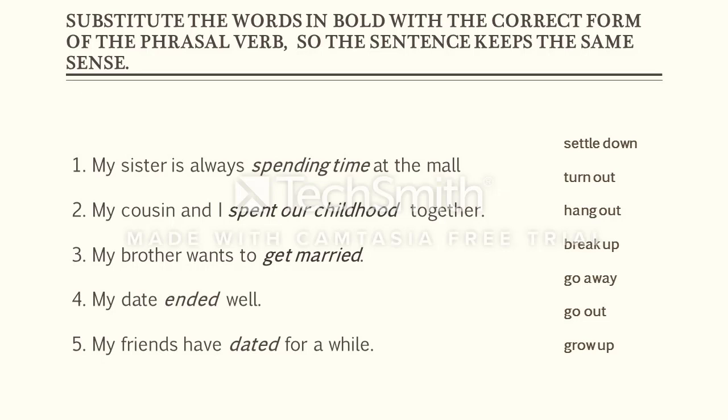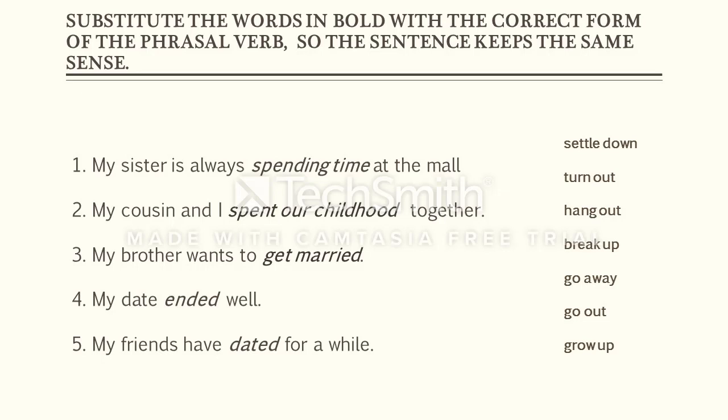So for example, my sister is always spending time at the mall. How would you, or which word, phrasal verb, would you substitute spending time with? Okay, think about it, make your choice, write it, think about it. I'm going to give you some time and then I will tell you the answers, remember.